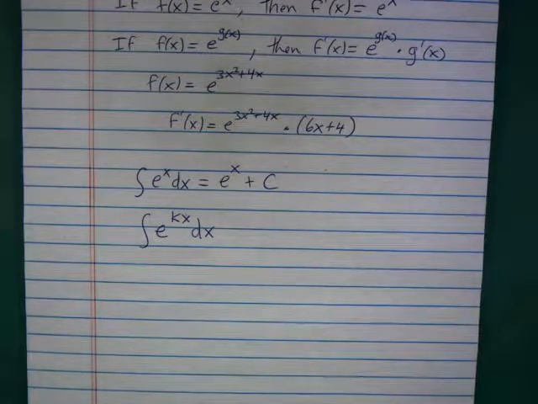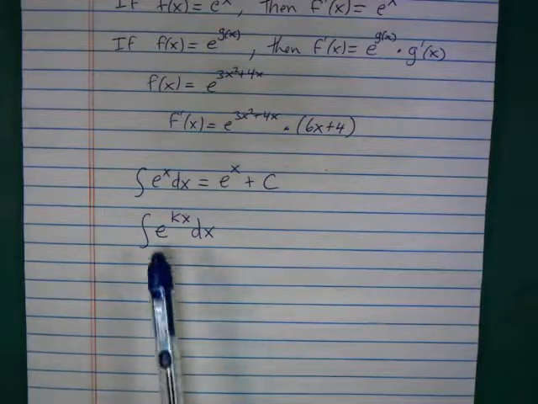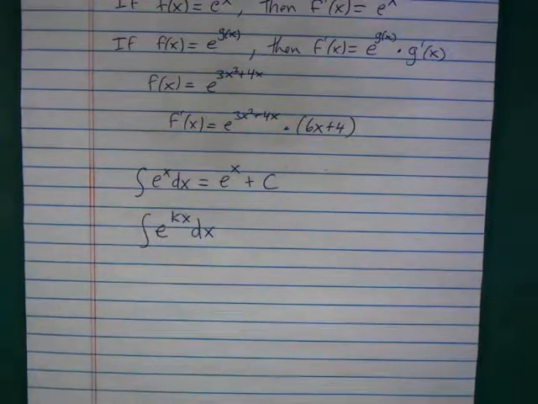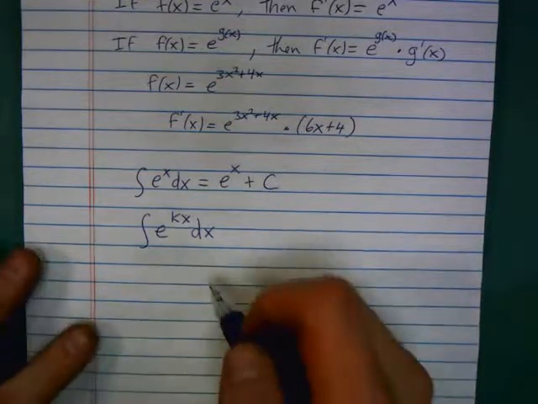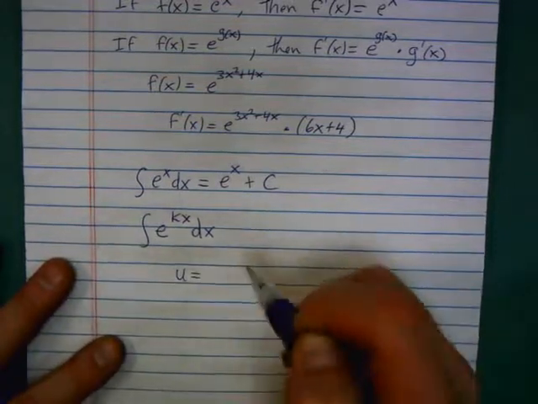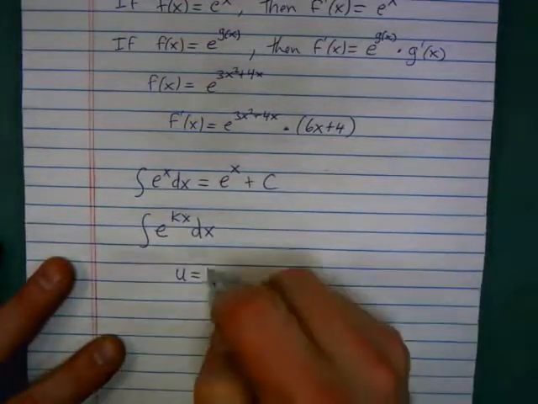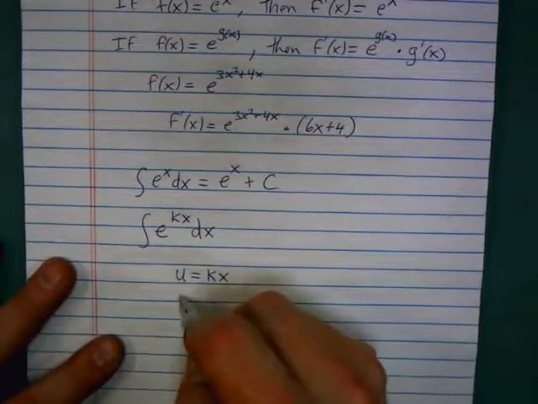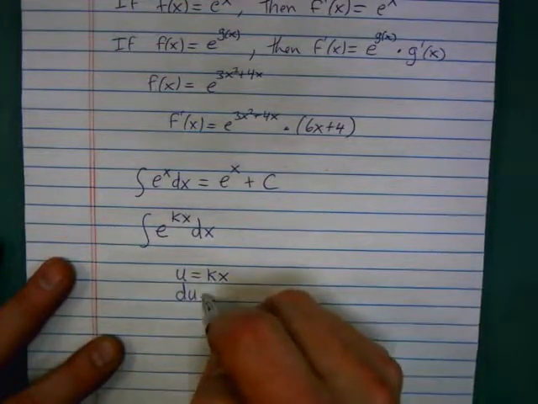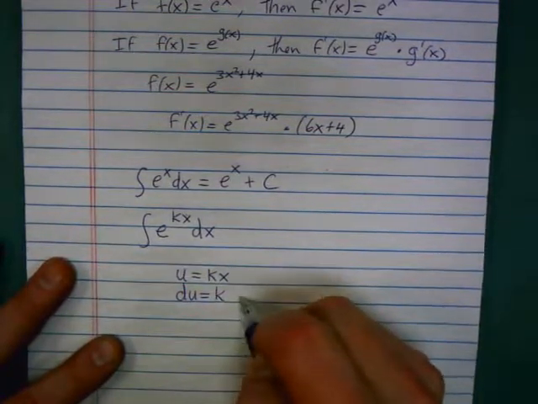Close. It's not e to the kx times k. That would be the derivative. The derivative would say leave the power alone, and then take the derivative of the power. Yes, you divide by k. How come? No, it's not power rule. It's a u rule. u equals kx. So du would be k dx.